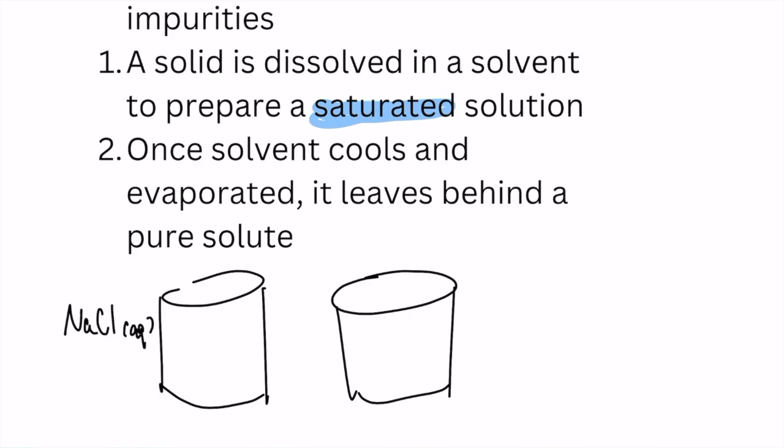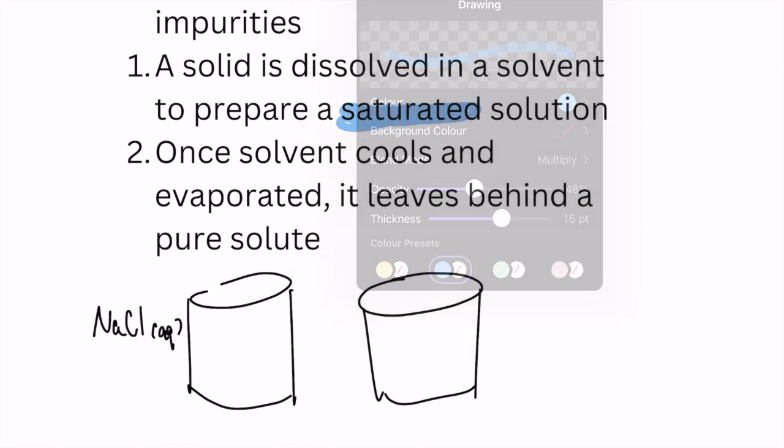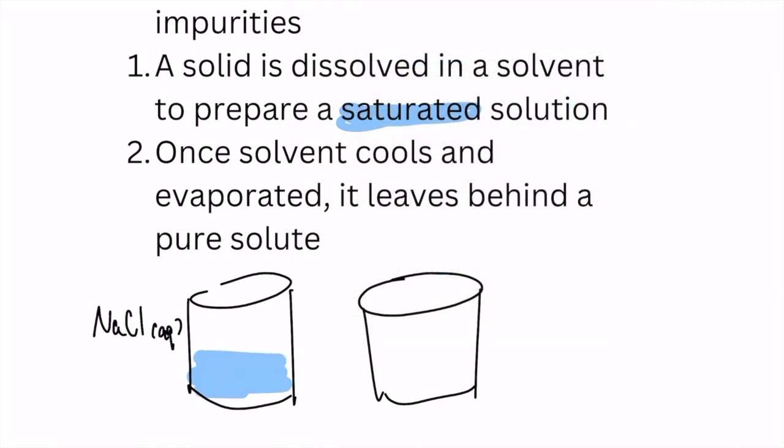So you have salt basically in water. A thing to note is that they have different amounts of water, but say the same amount of NaCl. So, I don't know, 1, 2, 3, 4, 5. Let's just say hypothetically we have 5 NaCls, even though that's not really scientifically correct.